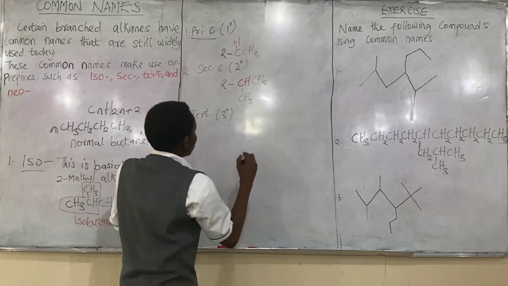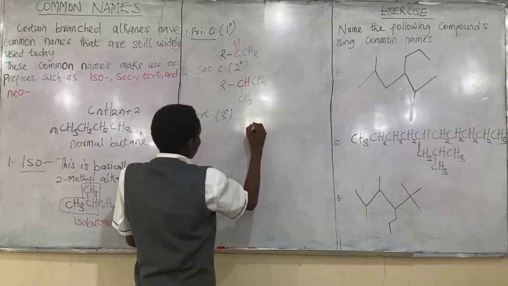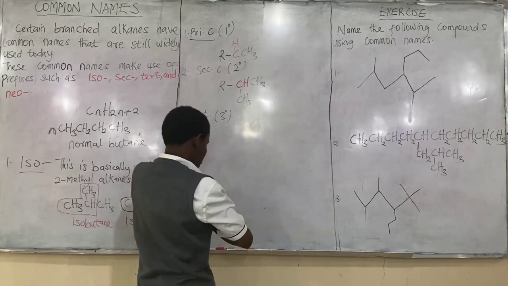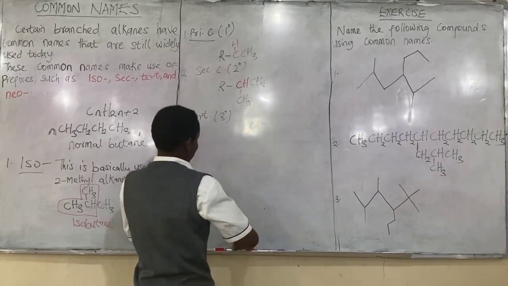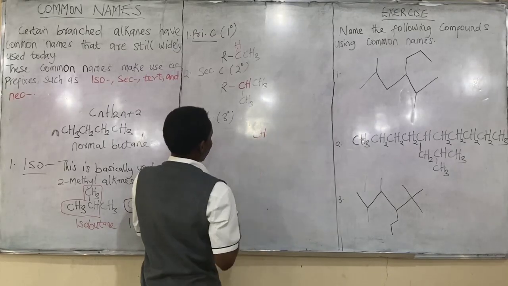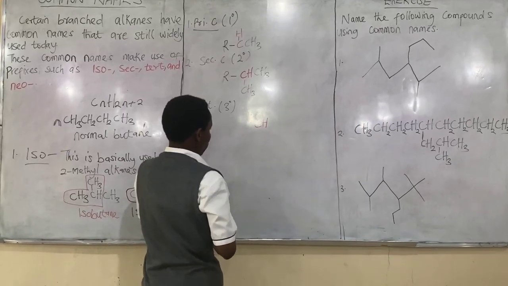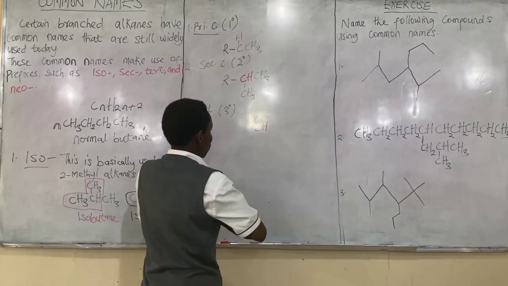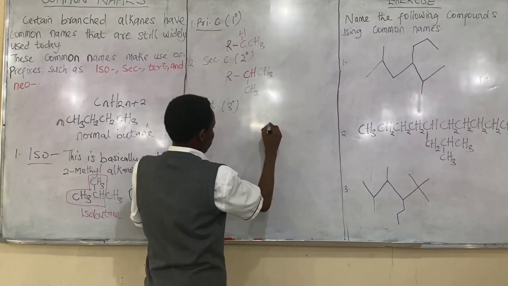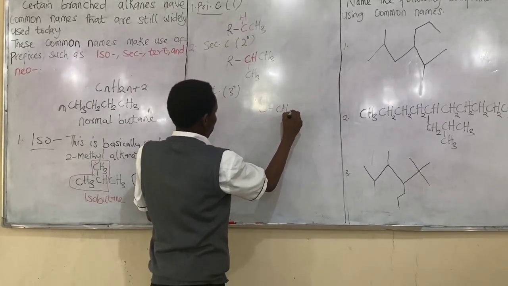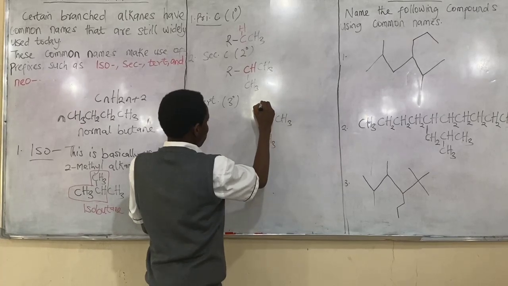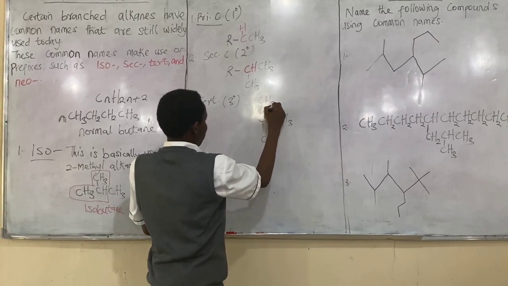We also have our tertiary carbon atom. We have something like this. We have CH3. Let's use our red. We have CH. We have our CH3 here, our CH3 here, and then CH3 here.